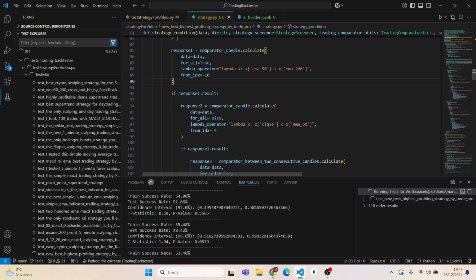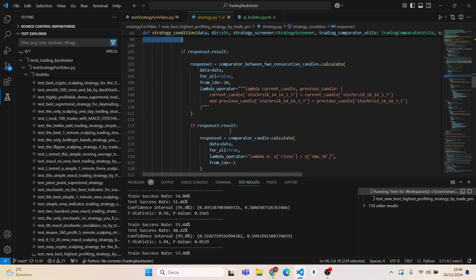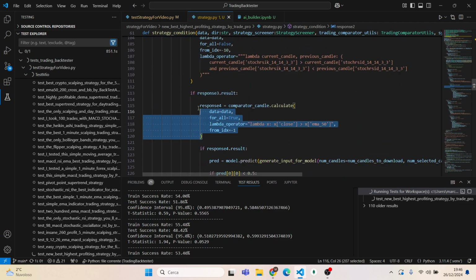Here is the condition that the close must be lower than EMA 50 in at least one candle in the last 5. In this way, I'm telling my software to check for a rebound, because the close must be below EMA 50 and then it must go above. I say that in the last candle, this condition must be respected.